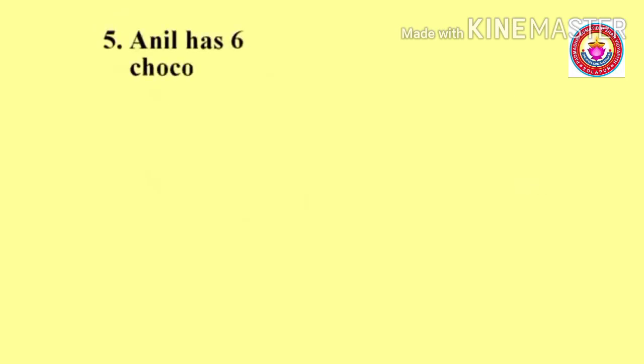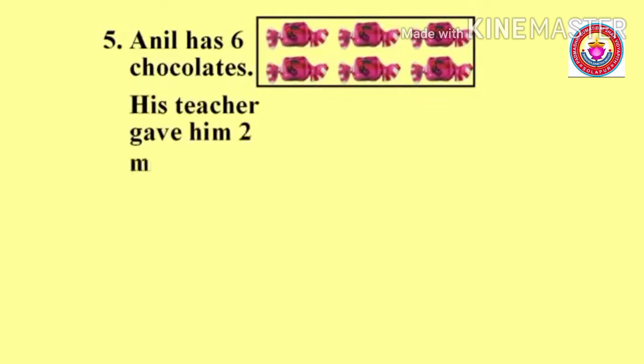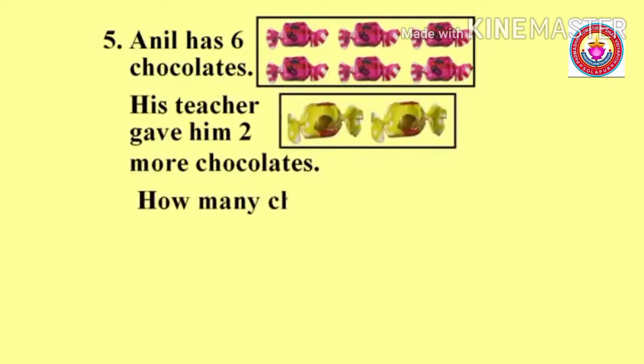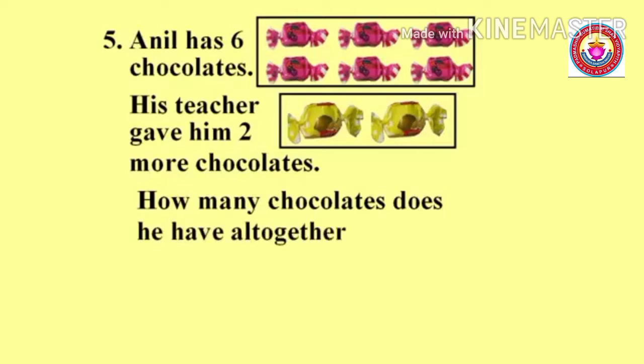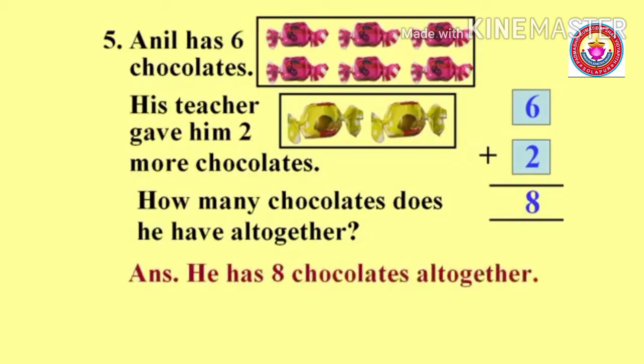Now next example. Anil has 6 chocolates. His teacher gave him 2 more chocolates. How many chocolates does he have altogether? Now we'll write the number. 6 plus 2 is equal to 8. Answer: he has 8 chocolates altogether.